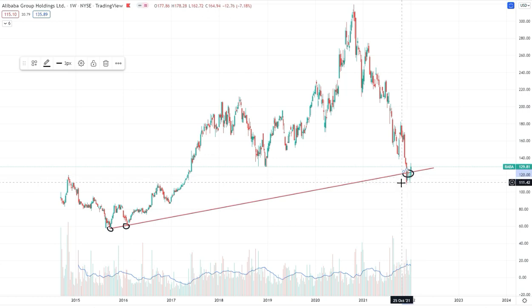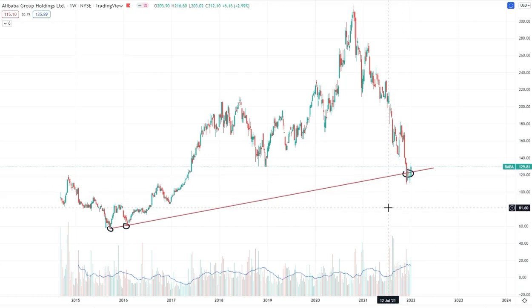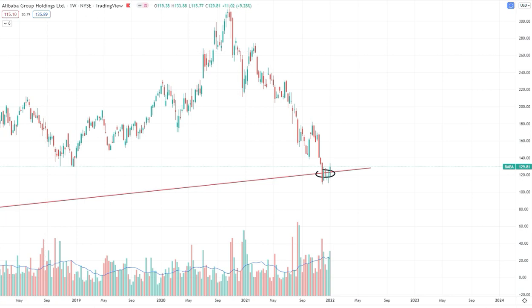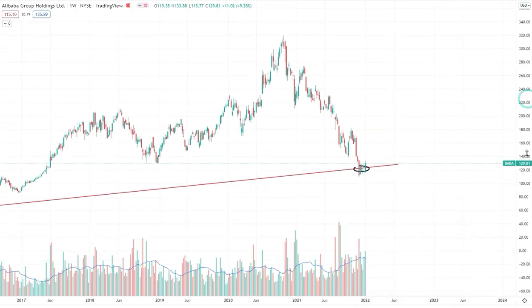We know that the price is reacting here with volumes, because if we look at the volumes, we understand that the market reacted pretty well, with volumes increasing compared to the previous week. This is the very first consideration.